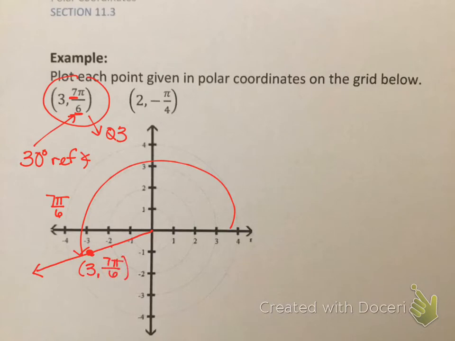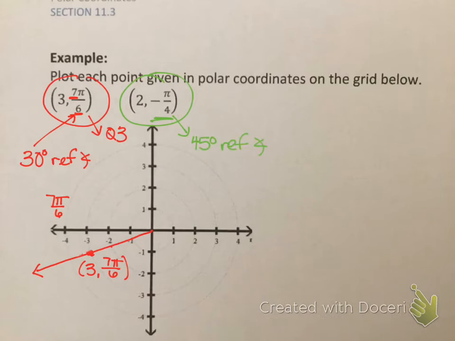All right, let's graph the other point. Let's graph 2, negative pi over 4. You know that if you are graphing an angle whose radian measure is negative, you are rotating clockwise as opposed to counterclockwise. Because that's a 4, you know your reference angle is a 45-degree reference angle.